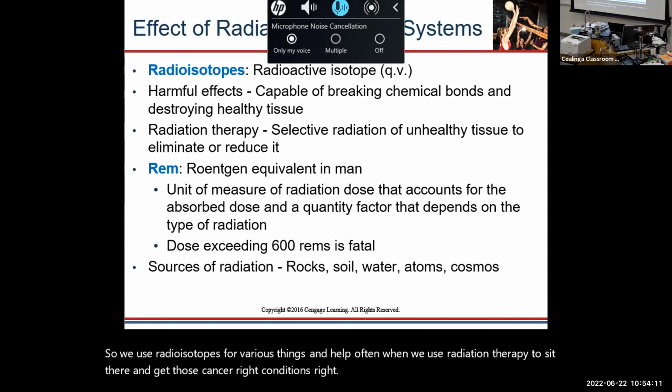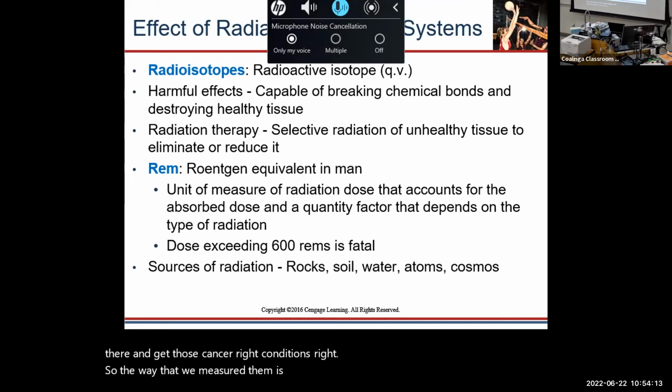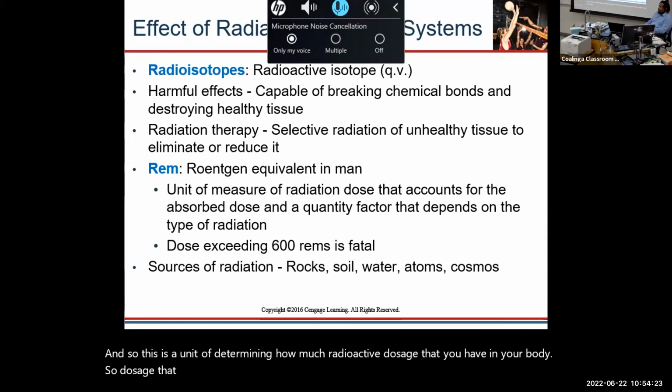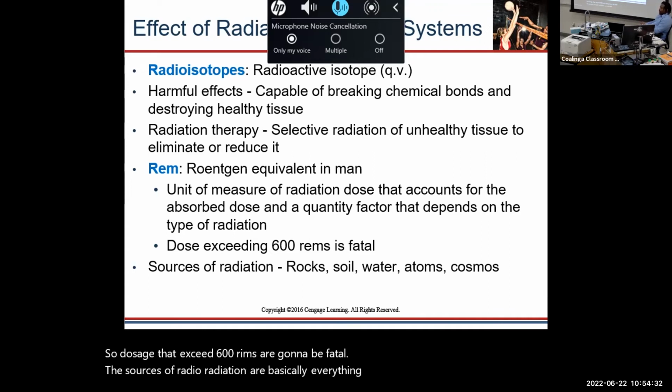The way that we measure radiation is in rems, a unit for determining how much radioactive dosage you have in the body. Dosages that exceed 600 rems are going to be fatal. The sources of radiation are basically everything: rock, soil, water, atoms, the cosmos.